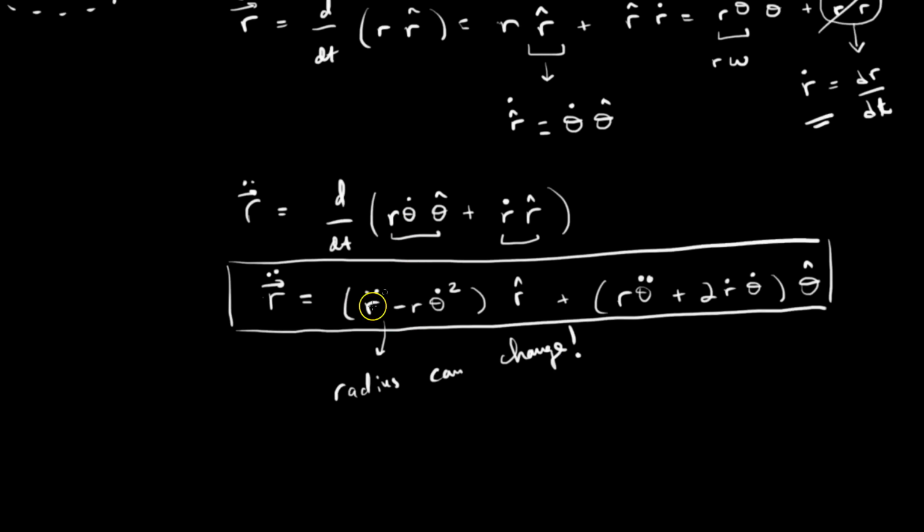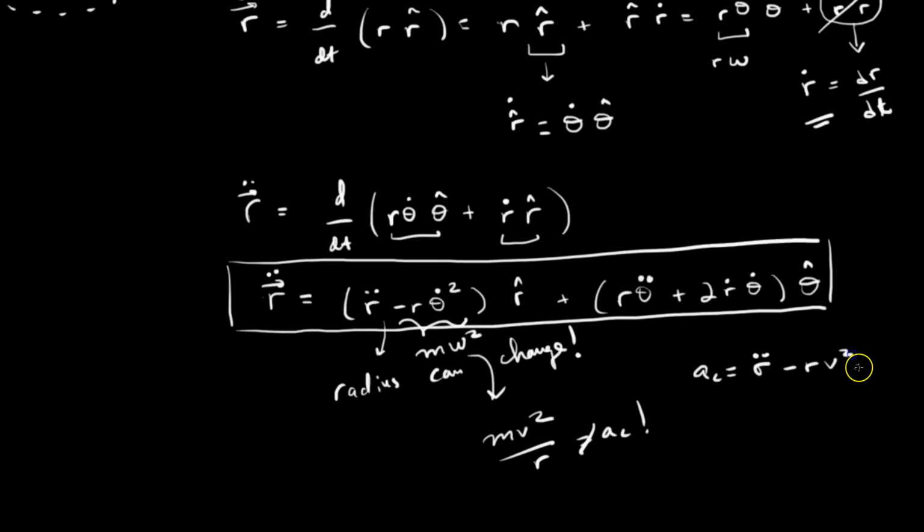So think about it. If the radius is constant, it doesn't change, then we just have this term. And notice this term, it's m omega squared. And what's m omega squared? It's just mv squared over r. This is the centripetal acceleration that you think. But the centripetal acceleration is actually r double dot minus r times omega squared.